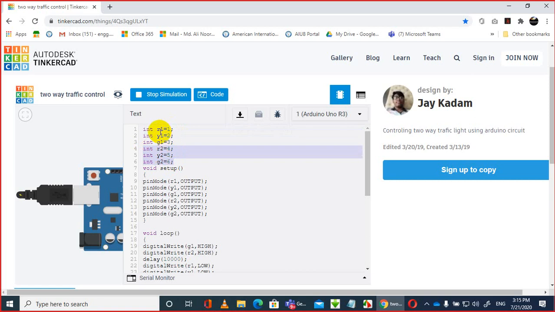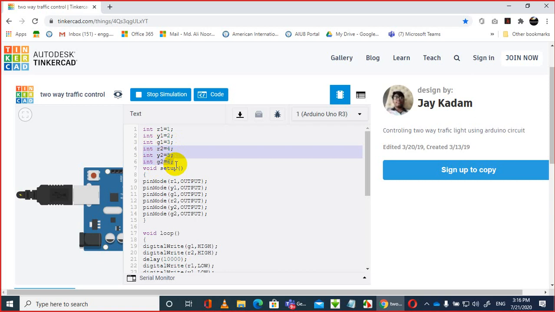Red light of first lane is connected to pin number 1. Yellow light of first lane is connected to pin number 2. Green light of first lane is connected to pin number 3 of Arduino Uno. And for the second lane, red light is connected to pin number 4, yellow light to pin number 5, green light to pin number 6.